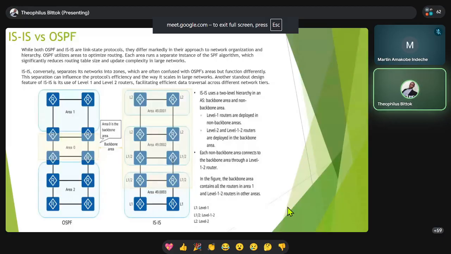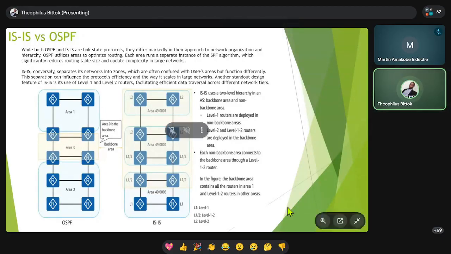But now, what is the difference between ISIS and OSPF? What would make you say, for my network, I am just going to implement OSPF, or I am just going to implement ISIS, or I am going to use both? So we are going to see what could be the drivers for deciding on using ISIS or OSPF.